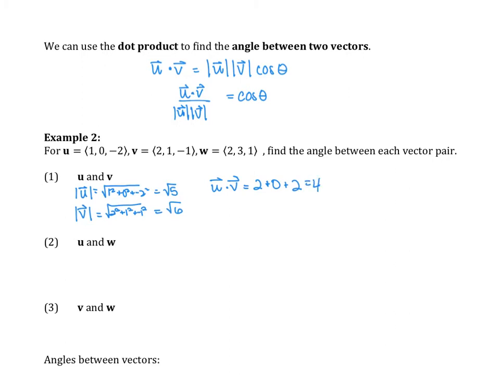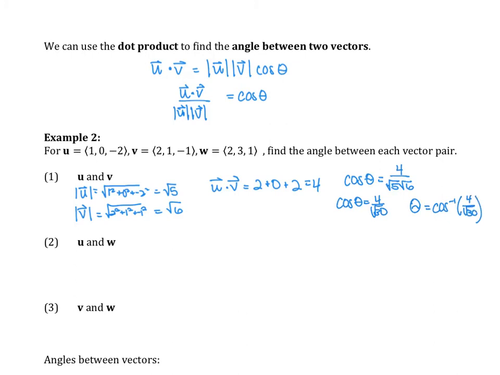Using this formula, I can set up that the cosine of theta in my problem is going to be equal to 4 over the square root of 30, or the square root of 5 times the square root of 6. So cosine of theta equals 4 over root 30. Then I can take the cosine inverse of this. So theta equals the cosine inverse of 4 over root 30.